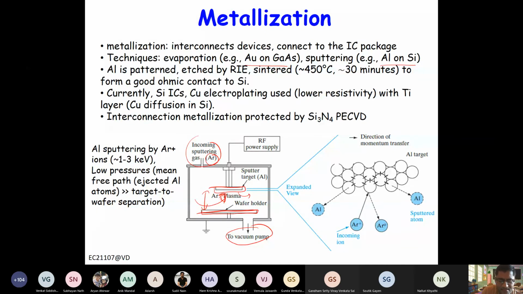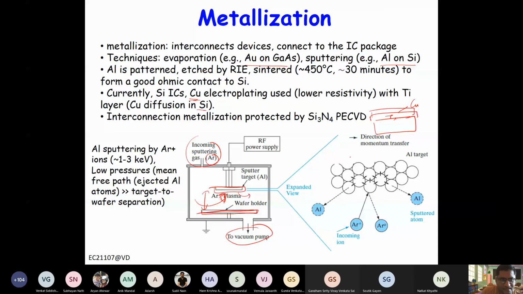But recently, copper is also used for silicon, but copper has a tendency to diffuse in silicon. So what is done? It is not directly deposited on silicon. The silicon layer is deposited with a titanium layer. Then on top, copper is electroplated.